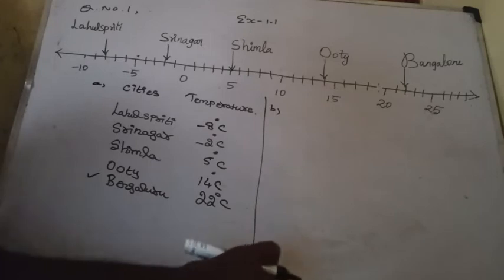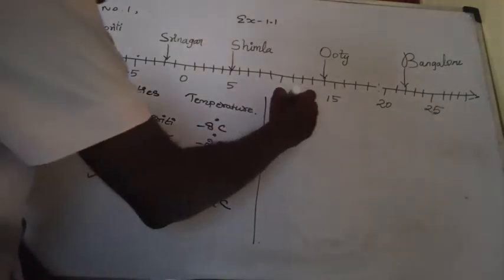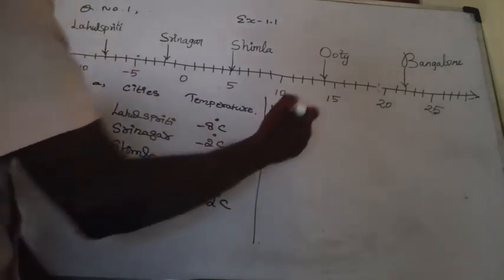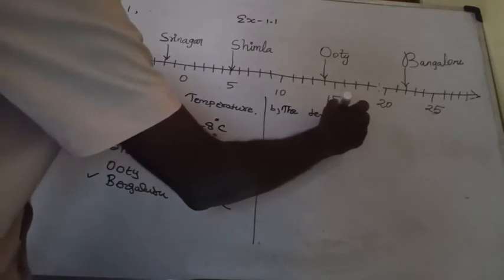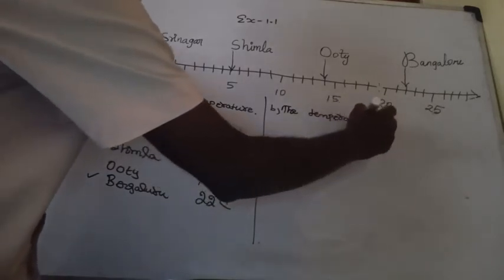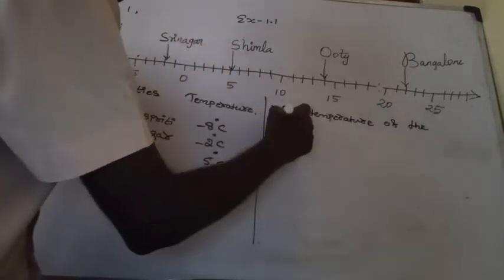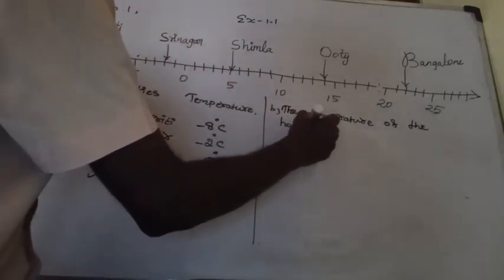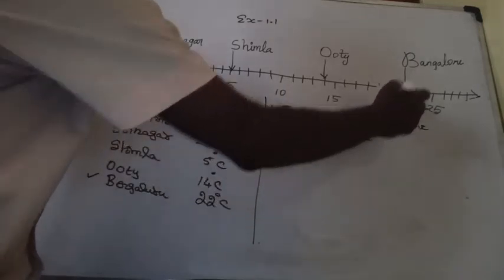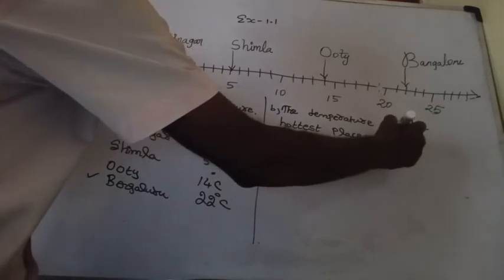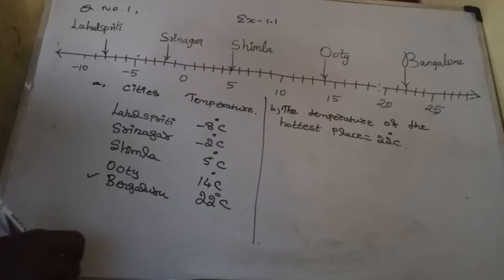Are you getting there? The temperature of the hottest place is how much? 22 degrees Celsius.